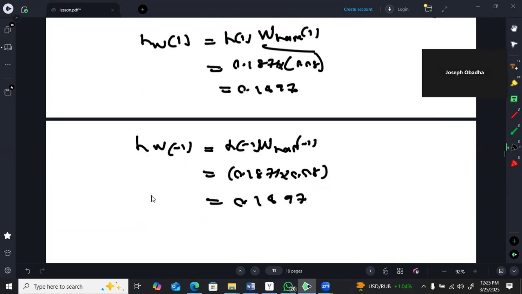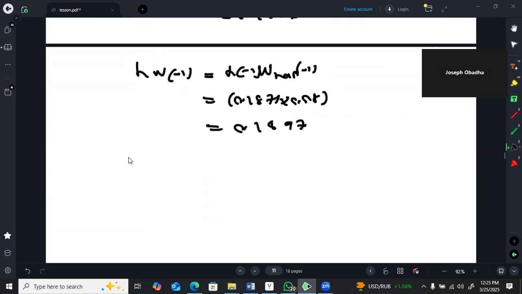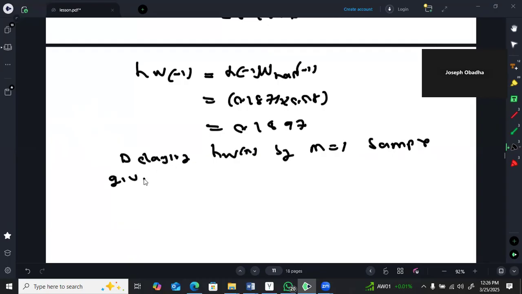Therefore, if we delay the HWN the way we had done in the previous slide where we were designing our filter using the Fourier transform method, that is delaying HWN by M equal to 1 sample, gives B0 equal to B2 equal to 0.01497 and B1 equal to 0.2. So that gives us all the coefficients of the windowed function.